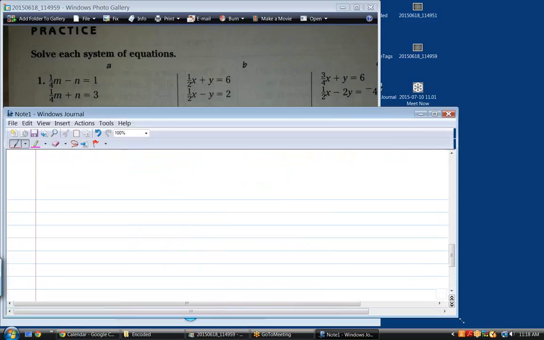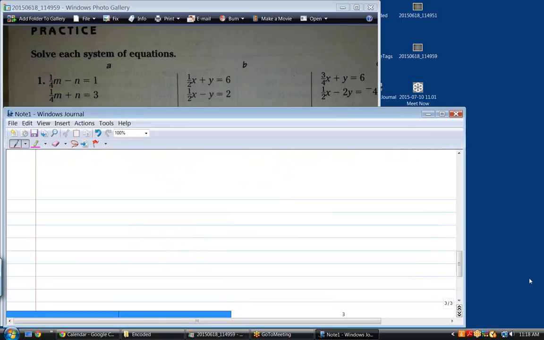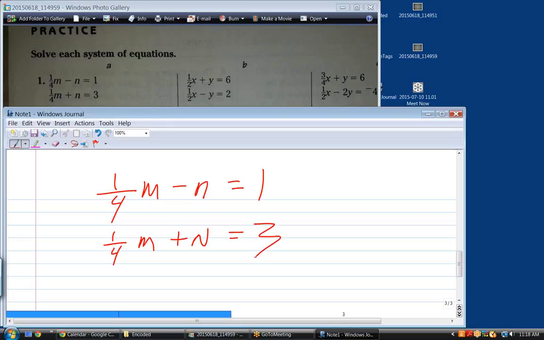Now, fractions necessarily are going to make these harder. That's why when we are handling the ones that don't have fractions in them, we go out of our way to not put fractions in there. But, okay, so what's the first step here?